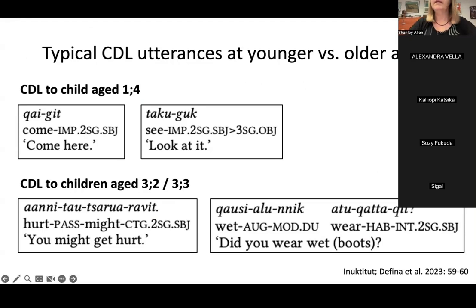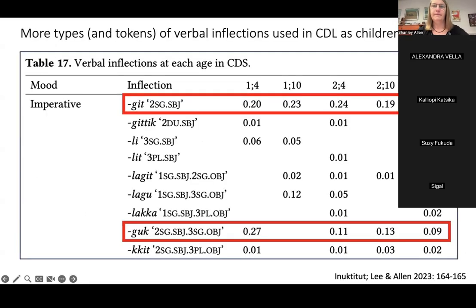Okay, let's see if I can get back now. Okay, so there they are. And so you see that at 1 year, 4 months, for example, 20% of the inflections in child-directed speech are Geet and 27% are Guk, and then occasional uses of some of the other ones.